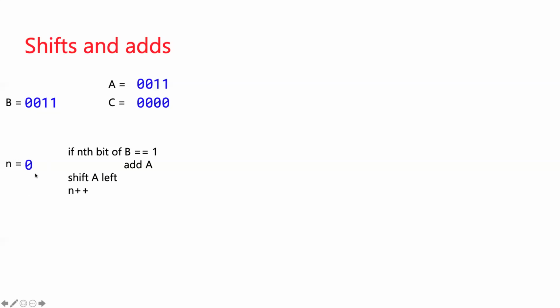So it's going to start out at 0. That's kind of saying we're looking at the low order bit of B. And then we're going to look at the next bit and the next bit and the next bit. So B is going to tell us when to do an add operation. A is the value that we're going to add in.